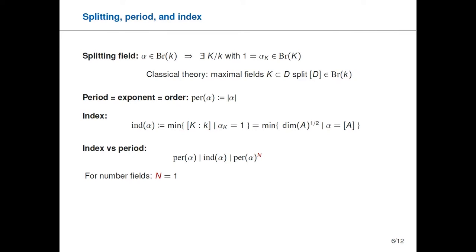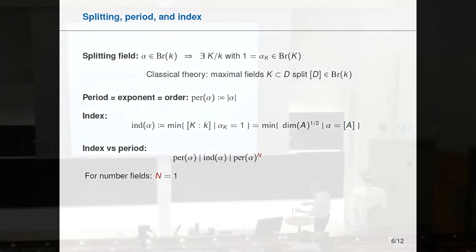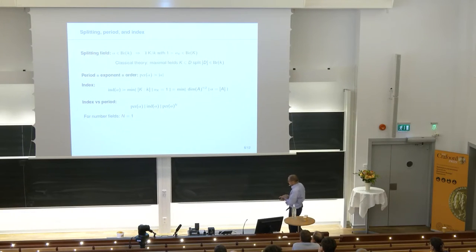Okay, and in fact, this power n is 1 for number fields. So the order of the Brauer class also tells you the minimal dimension of a central simple algebra representing this class.